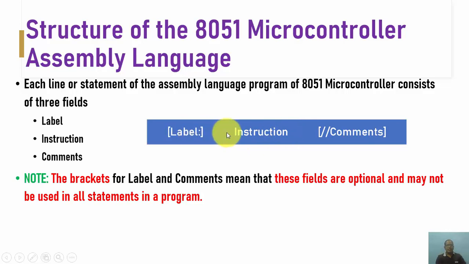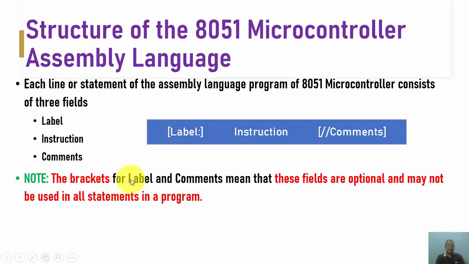If we see this structure here, for the instruction we have not indicated it with a square bracket, whereas for the sake of simplicity we are considering the square bracket for the label as well as for the comment. When we are writing an instruction we are not going to use these square brackets. This is simply to give an idea about how exactly the instruction or statement is written while programming.